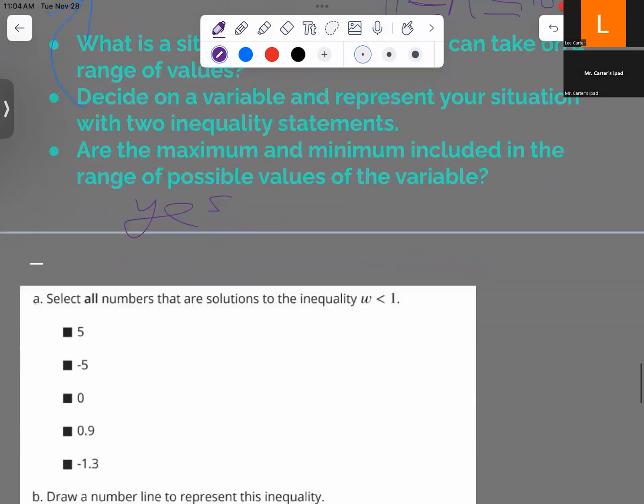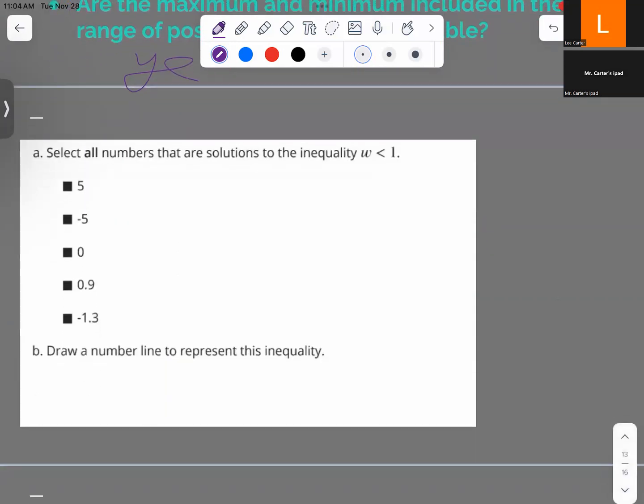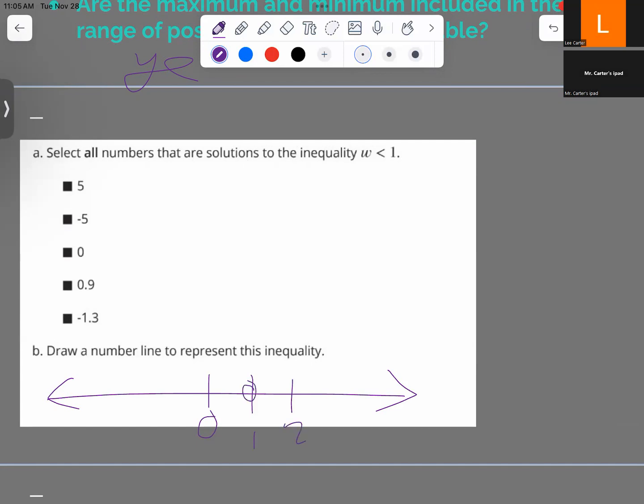Select all numbers that are solutions to the inequality W is less than 1. So we're on the number line here. It's kind of using a different situation here. So we got zeros here, 1, 2, like this. W is less than 1. It's going to be like this.